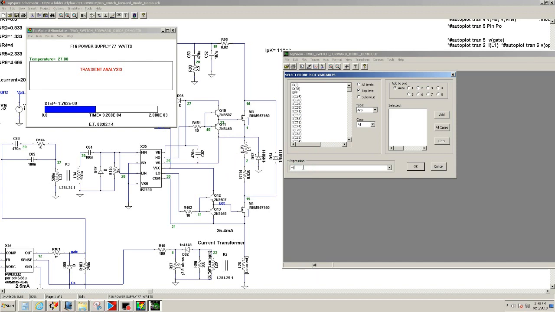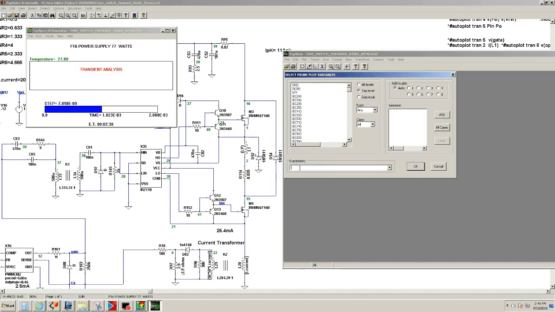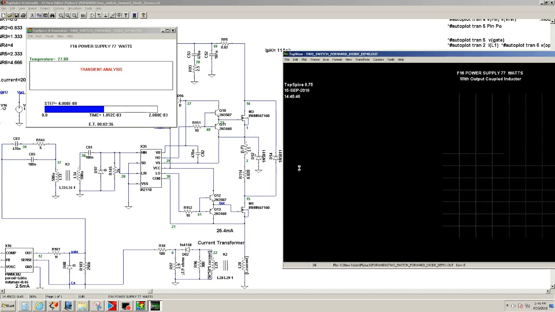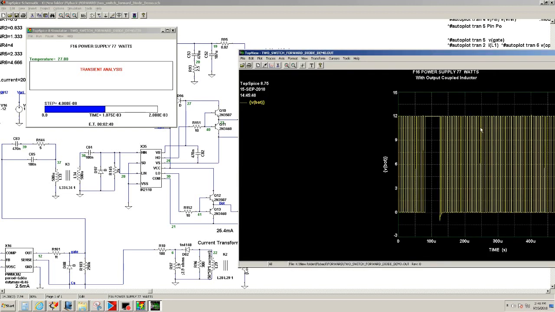Expression. Not sure why it's doing that. Let's take a look at the bottom one. The bottom seems to be working, and it's switching.